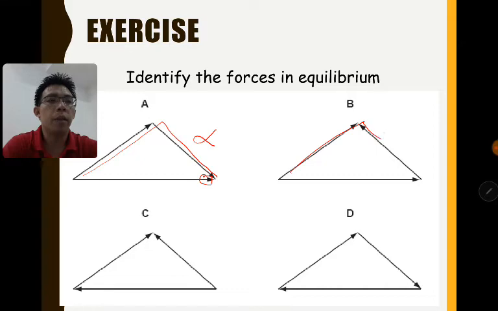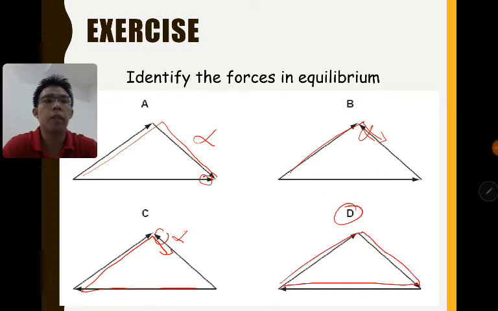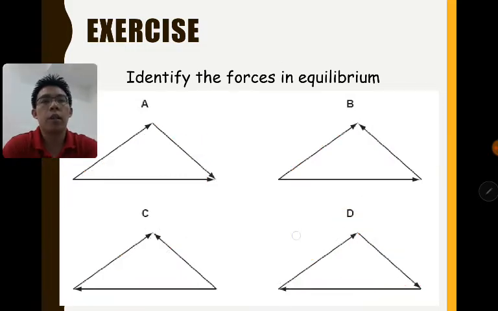B goes here, but this one goes here, so cannot. Let's look at C. This one goes here and then goes here, but this one goes here, so this one cannot. All right, D goes here, then here and here, so D is the answer. The forces in D are at equilibrium, but the other three are not.